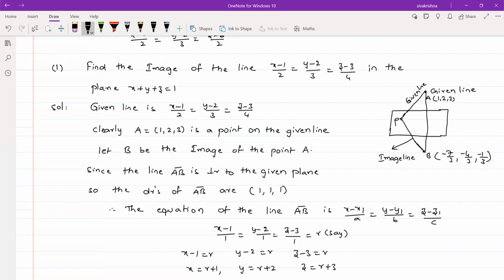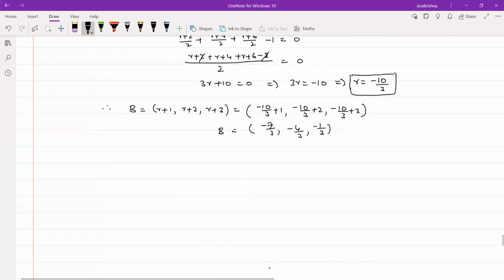Once again I am writing the given line equation. The given line is (x-1)/2 = (y-2)/3 = (z-3)/4. By supposing this is equal to small r, we get any point on the given line.